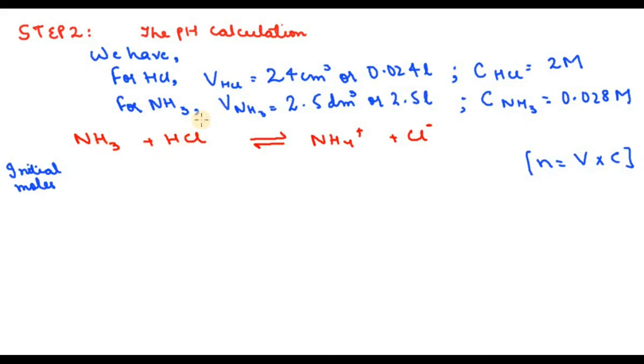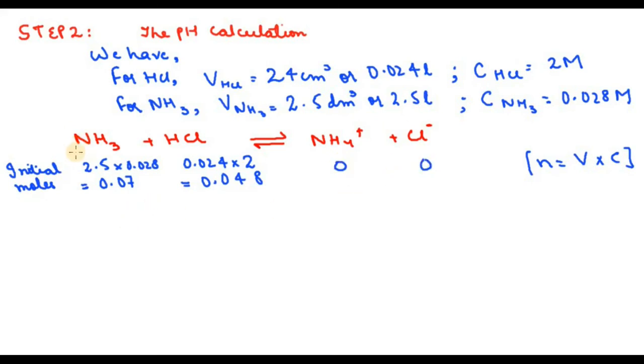For NH3, the volume is 2.5 liters times concentration 0.028. So it is equal to 0.07 moles. Alright, and for HCl we have 0.024 volume times concentration 2, so it will be equal to 0.048, and the initial moles for each of the product ions will be 0.